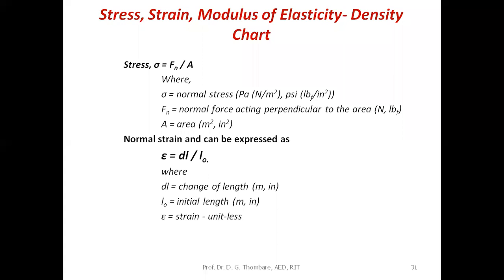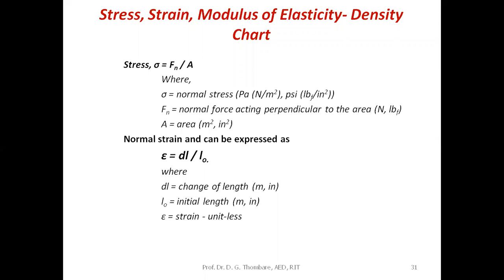Its length will increase. There is an initial length L0, and after application of the force, there will be a change in length. So if the initial length is 1 meter, then it becomes 1.2 meters, suppose. Then L is 1 and delta L is 0.2 meters. This ratio of change in length divided by initial length is nothing but the strain.